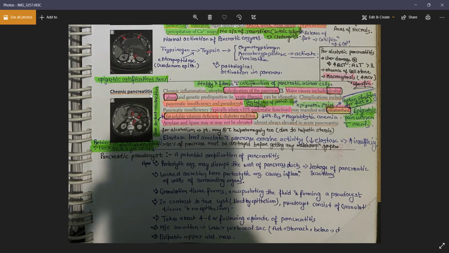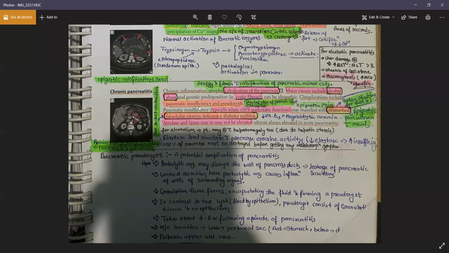Because of damage to these ducts, the patient can also have pancreatic insufficiency. So unlike acute pancreatitis, the patient won't present with severe pain. They will present with pancreatic insufficiency and sometimes pseudocysts. These are the most common presentations.